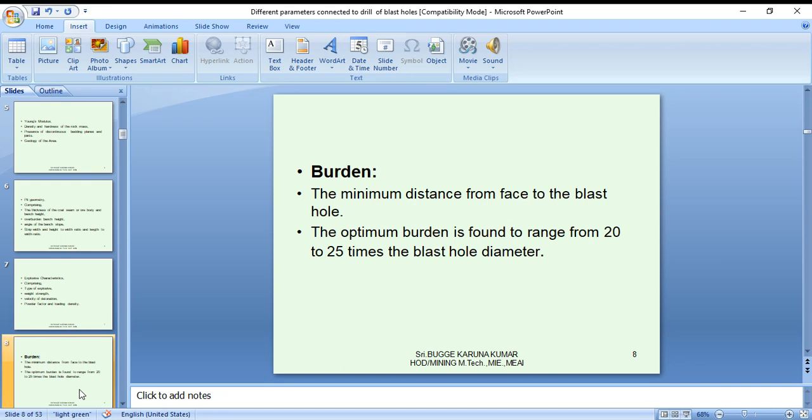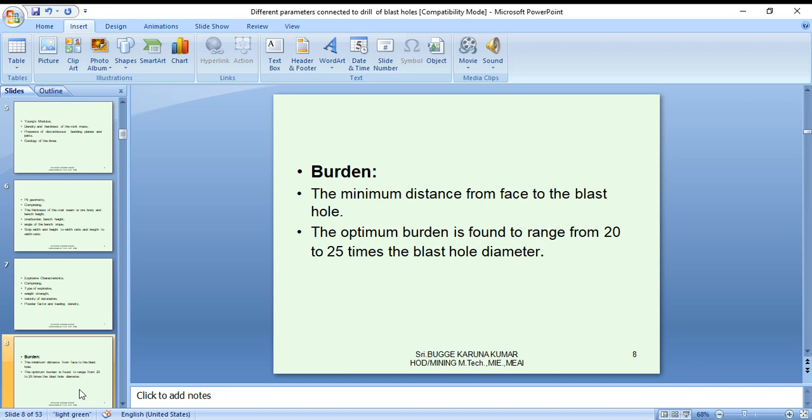This is one of the thumb rules for calculating the burden. For a 300 hole, the burden required is around 6 meters.